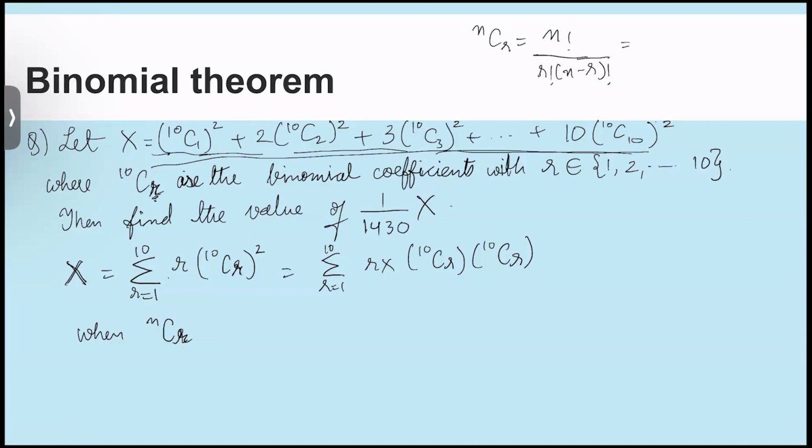If you expand in factorial form, you can write the top as n into n minus 1 factorial, and the bottom part as r into r minus 1 factorial, multiplied by n minus r factorial.